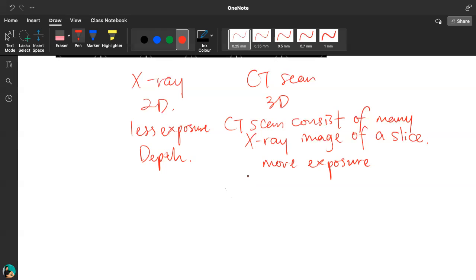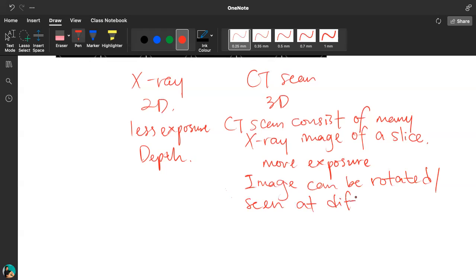For the CT scan, the image can also be rotated. One more, last one: the image can be rotated, can be seen at different angles. Okay, you can see it in the marking scheme, it's all in the marking scheme.